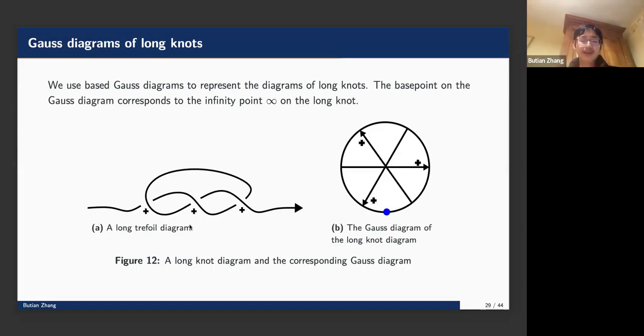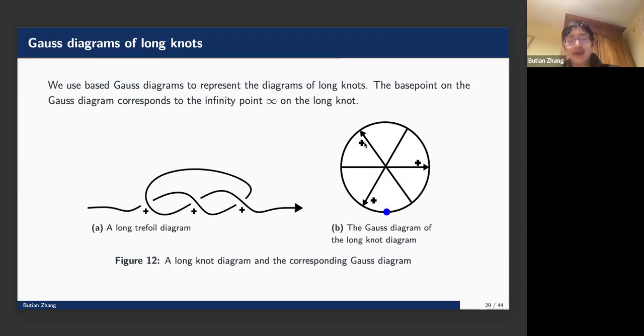For the long knot, given a knot diagram, we have a corresponding Gauss diagram, which is an oriented circle representing the R1, oriented counterclockwise, and the infinity point is represented by this blue base point on the circle.